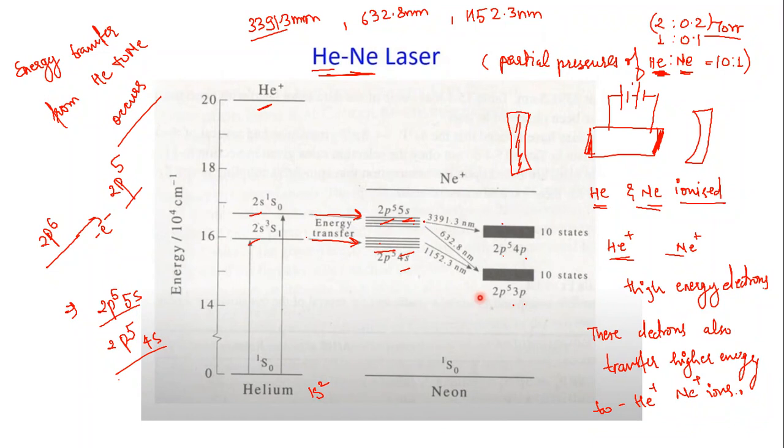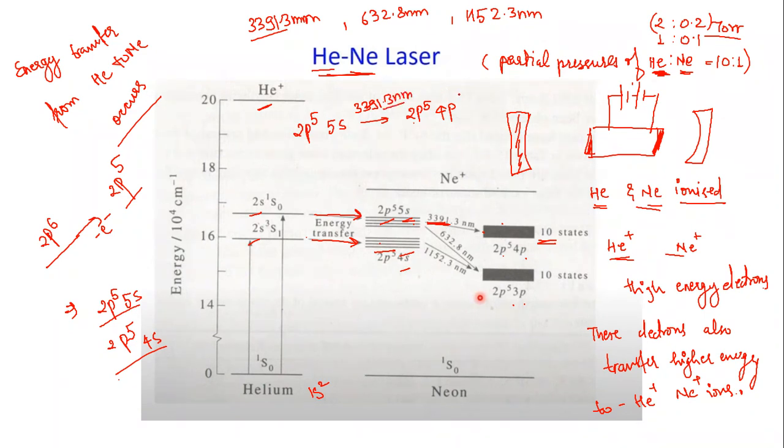Since the wavelength value is quite high in this case, this is the least energy transition, which is happening from 2p5 5s to 2p5 4p. There are 10 states of this energy, and this energy transfer corresponds to the emission of 3391.3 nanometer.